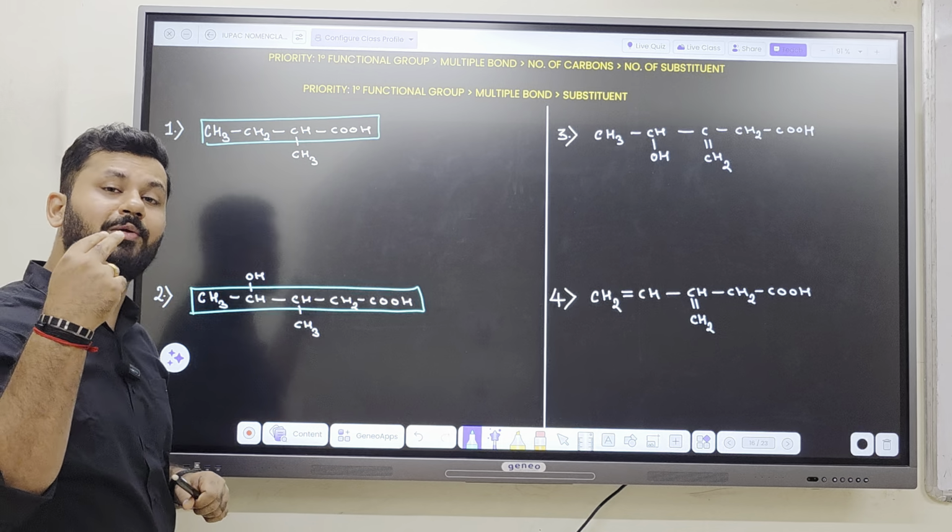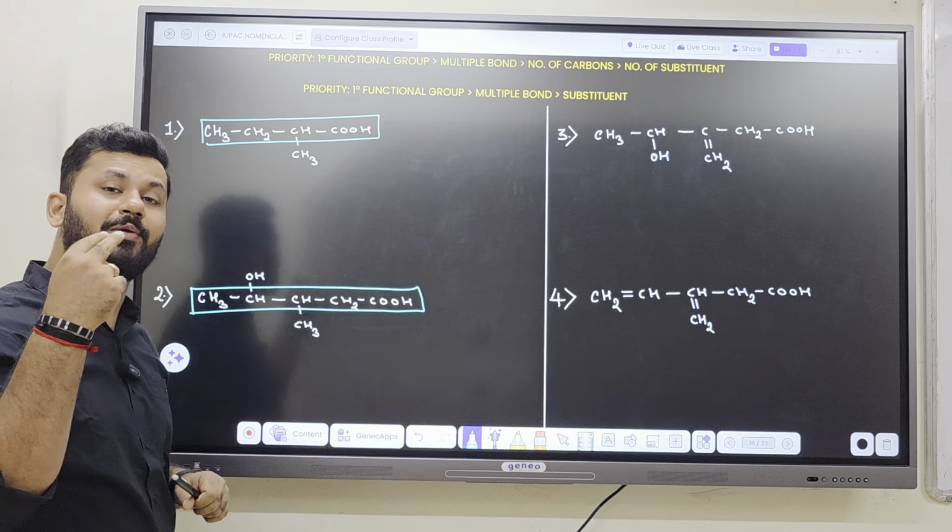This is the priority for selecting, which we already spoken about in the previous lecture. So when numbering a PCC, primary functional group must get the minimum number. So if I go from right to left, I will assign minimum number 1 to the functional group. Whereas if I had to come the other way around, I would have assigned it number 4. So that would be the wrong way of numbering it.